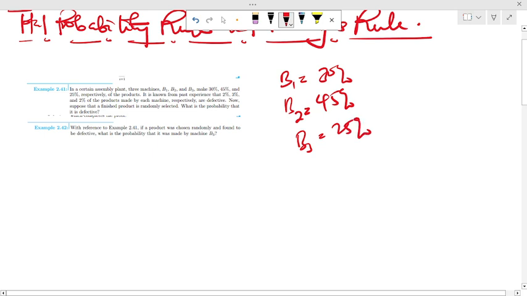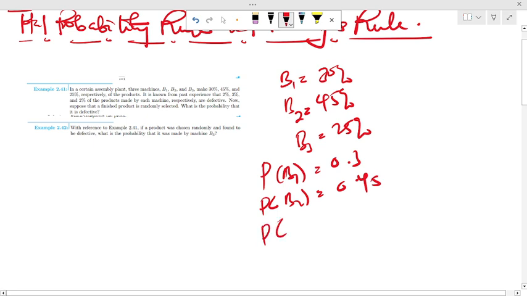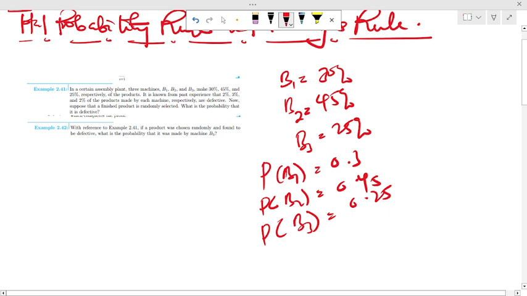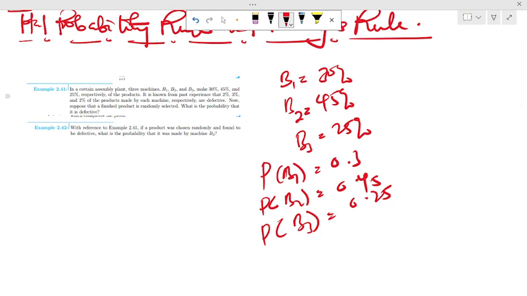So the probability of B1 would be 0.3, probability of B2 would be 0.45, probability of B3 would be 0.25, right?